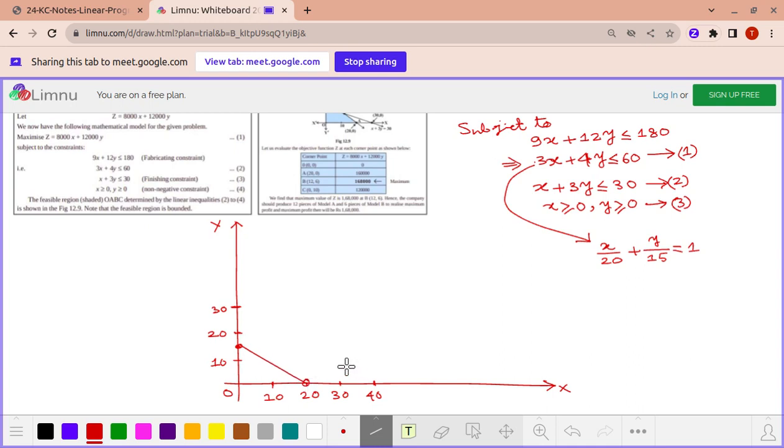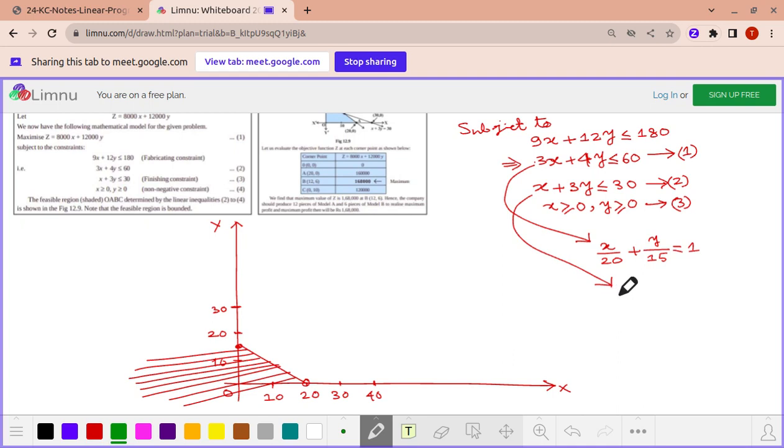And it is less than or equal to 60, so we will consider the left hand side. Correct. Then the first straight line we have done. Next one is x plus 3y less than or equal to 30. Let me use a different color, suppose green.